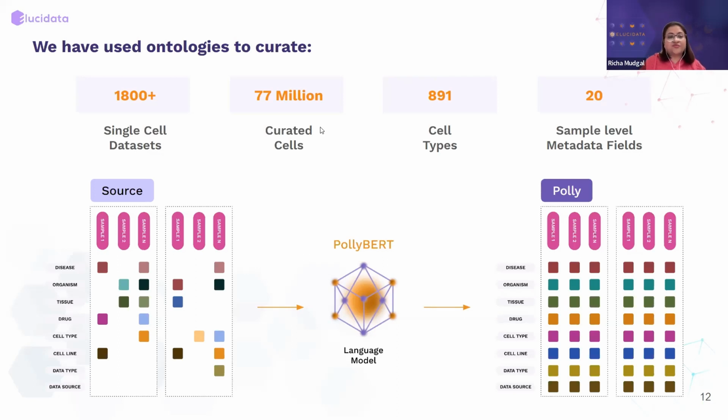Another key usage of having ontology is that when you have these standardized terms, the downstream workflows are often very easy to implement. It becomes an automated way for us to plug into downstream workflows, which could use these curated, standardized fields.